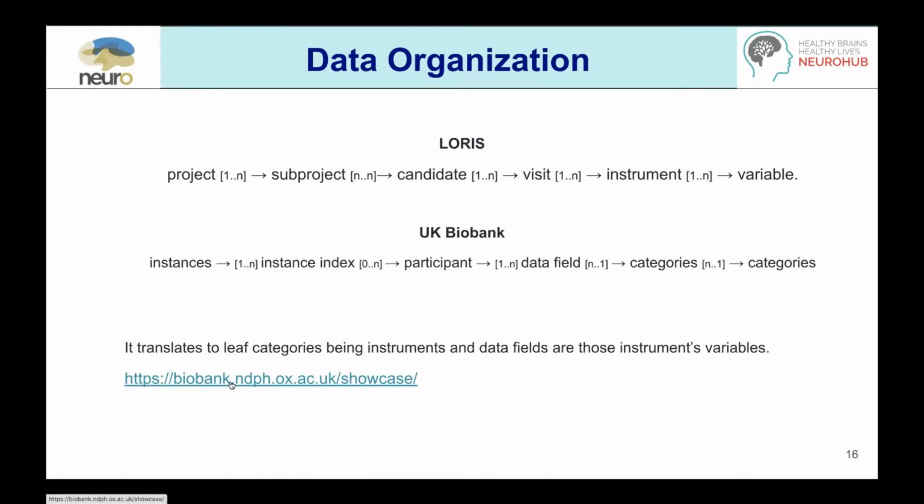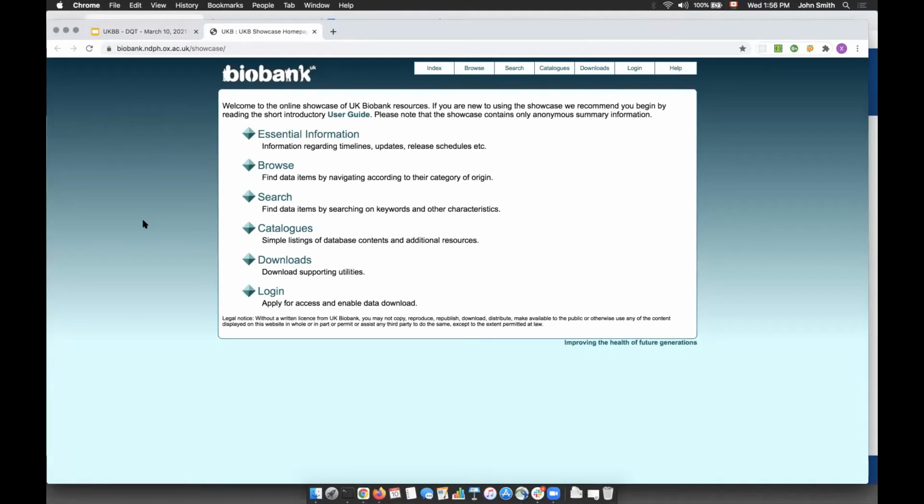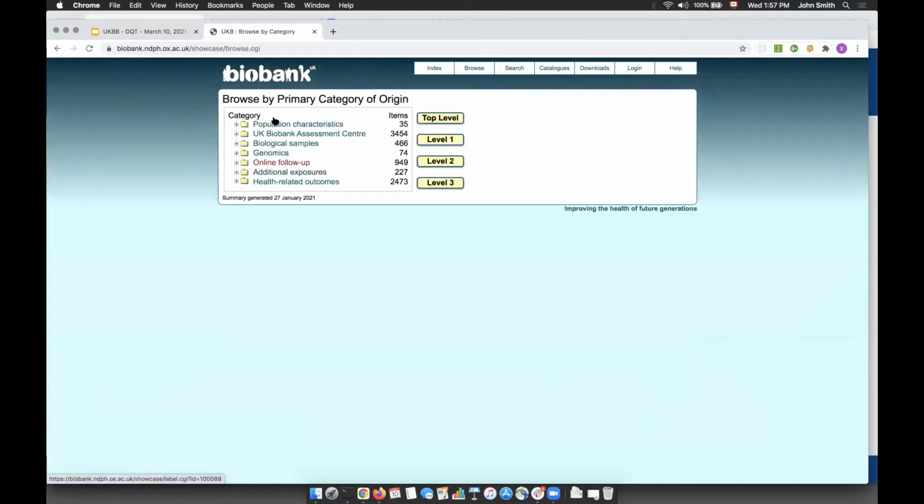I'll briefly go to the UK Biobank showcase page. If you want to use the UK Biobank, I think this is the Bible. This is something that you should get familiar with. It contains a lot of information, but I'll stick with the category trees.